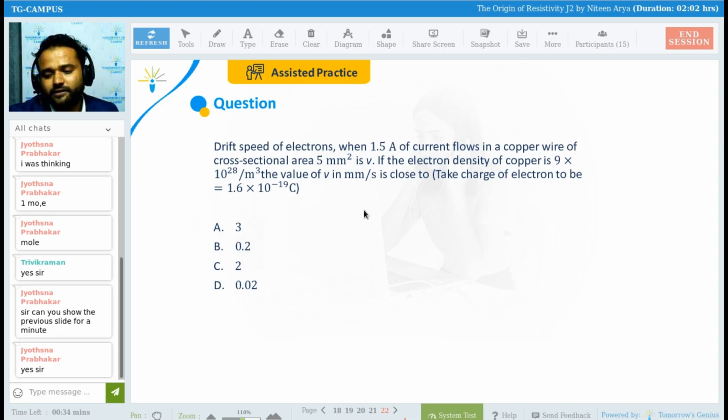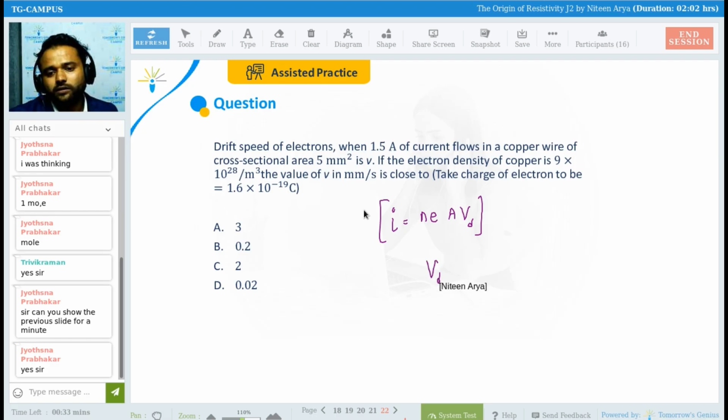I'm not going to elaborate. I equals nAVd, that simple formula you're going to use, to find Vd. But there is something hidden in this: you need to find it in mm per second.